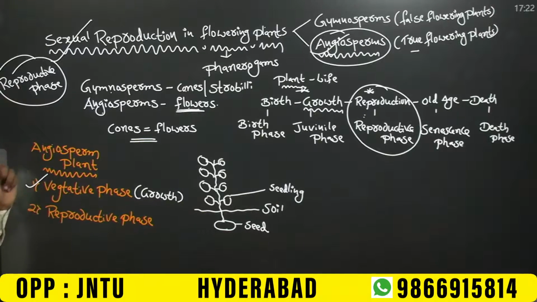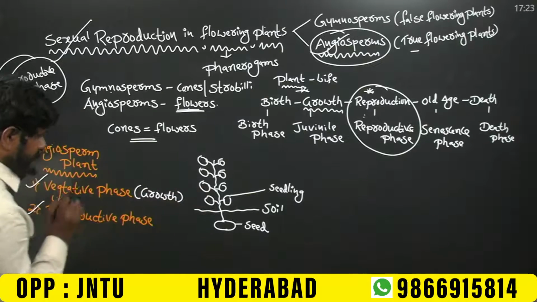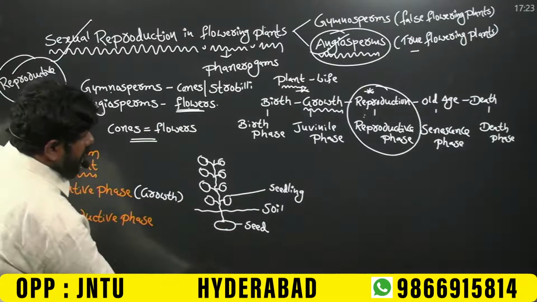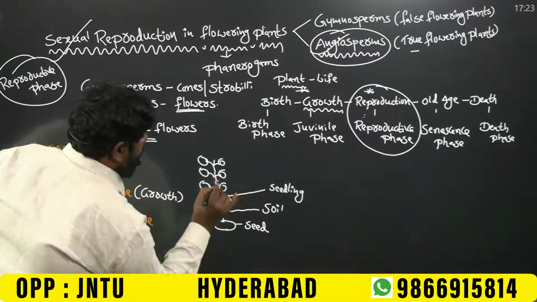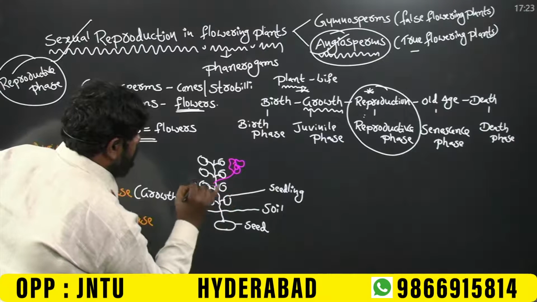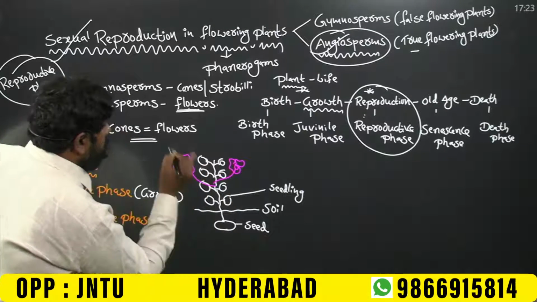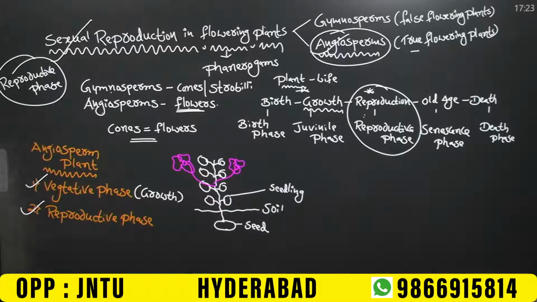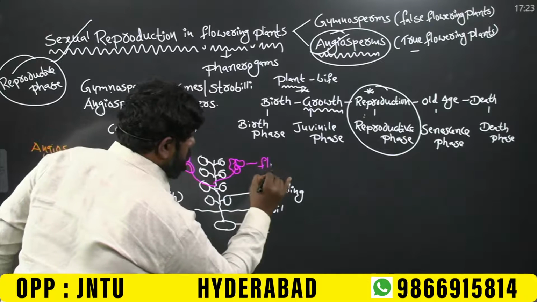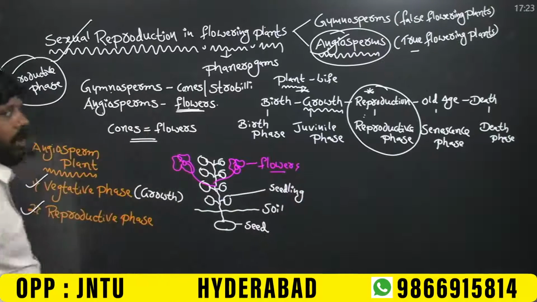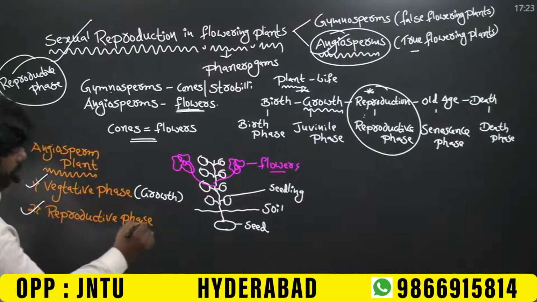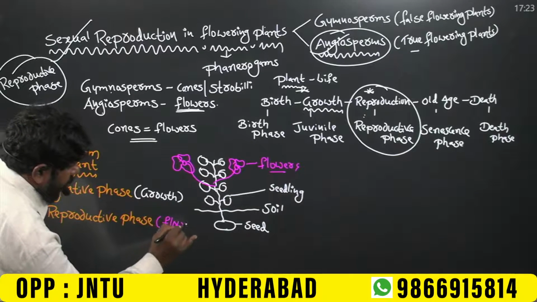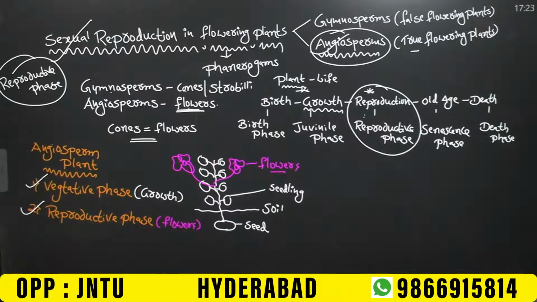Once the vegetative phase is completed, the plant enters the second phase, the reproductive phase. When the plant enters the reproductive phase, it produces flowers.